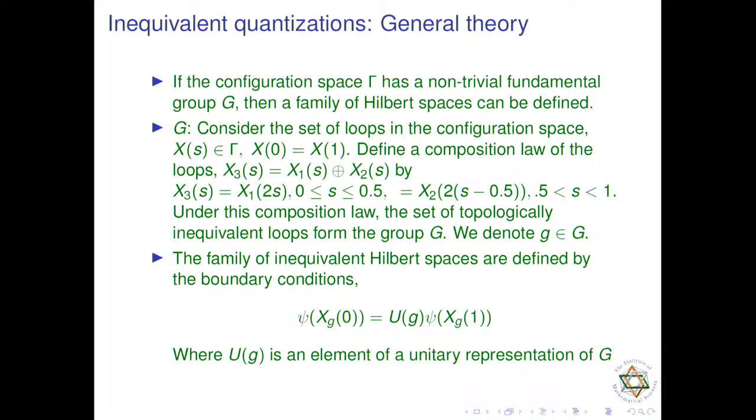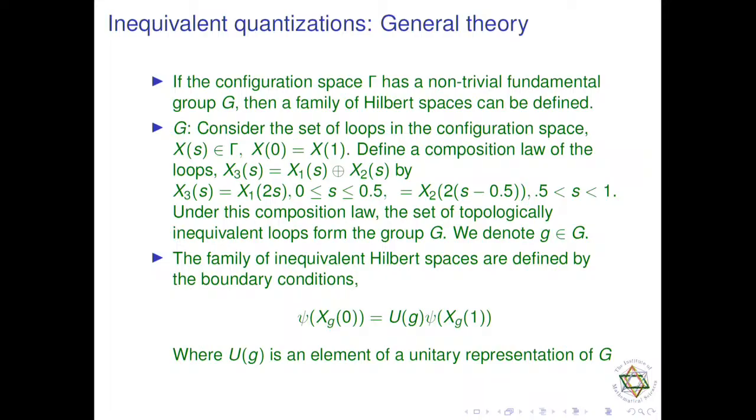Now, the family of inequivalent Hilbert spaces is defined by boundary conditions. Suppose x at 0 to x at 1 is a loop. Then x at 0 is equal to some u times x at 1, where u is a representation of this fundamental group.